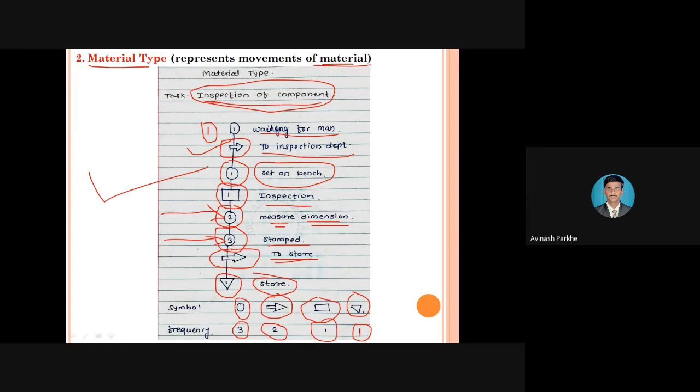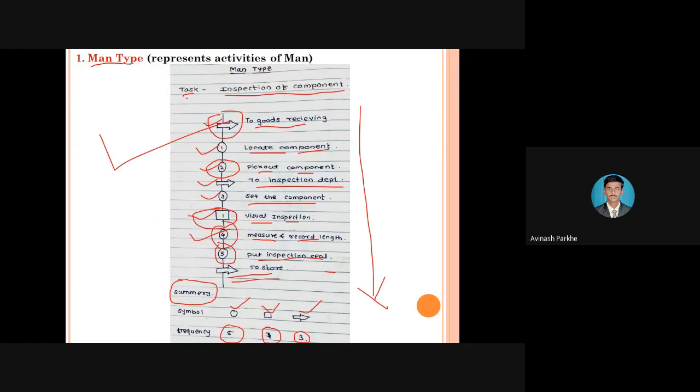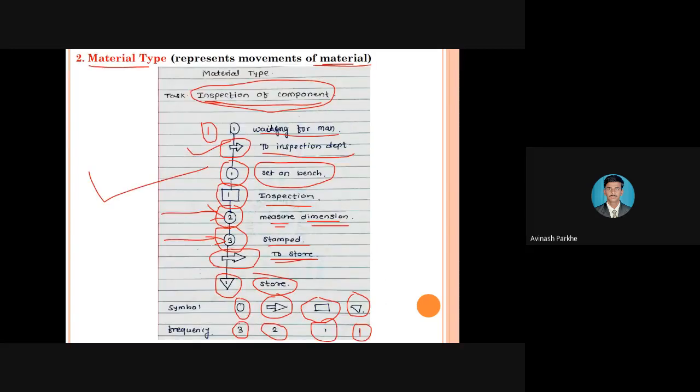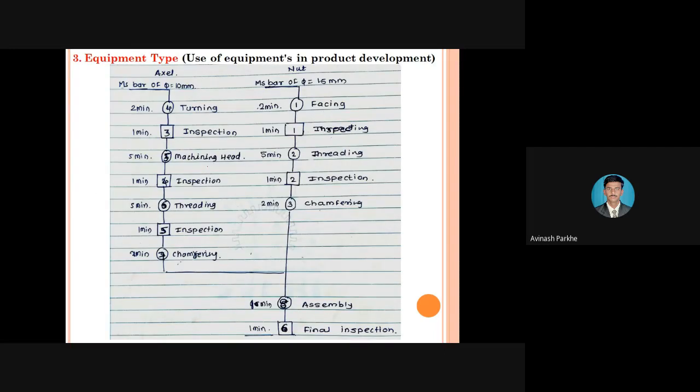So these are the two types of charts: man type of flow process chart in which the activities of men are represented, and the material type of flow process chart in which the movements or activities of the materials are represented. And then the third one is the equipment type.